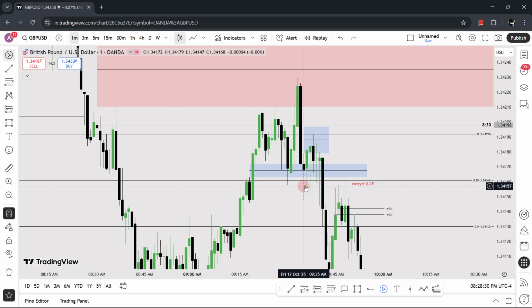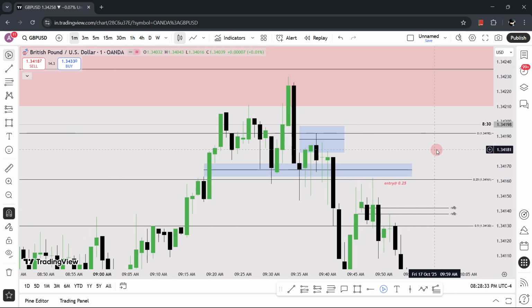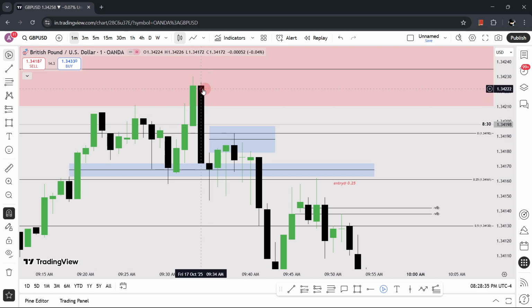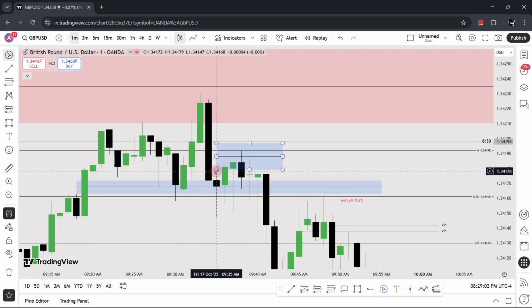It's not a proper structure shift, but if you see something like this, after taking this liquidity using this 1 minute fair value gap, the next candle broke down without even minding that it was here, right? Broke down lower, sweeping the sell side liquidities in a short time, and created a fair value gap up there, right?